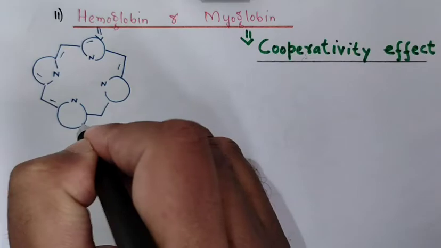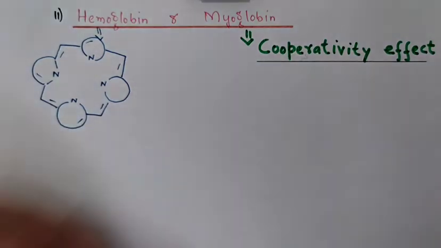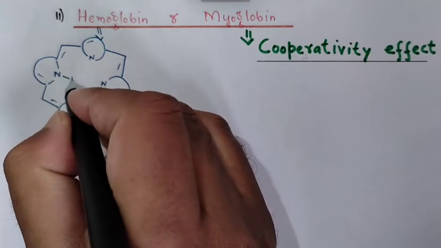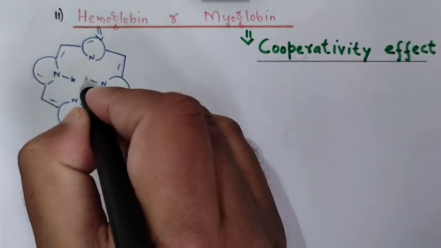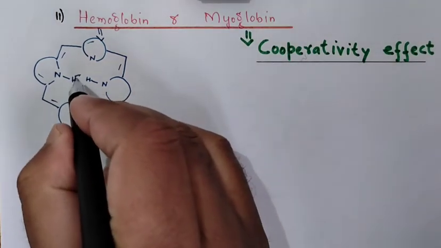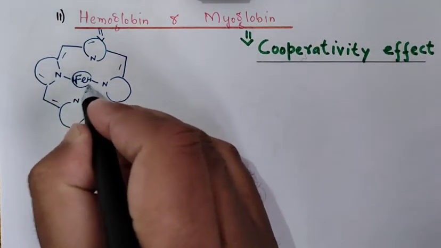We prepared that structure in the last class. So this is extensively conjugated, and at the center it's something like this, and then we have iron at this center. So we remove these hydrogens. Now we have iron at the center.